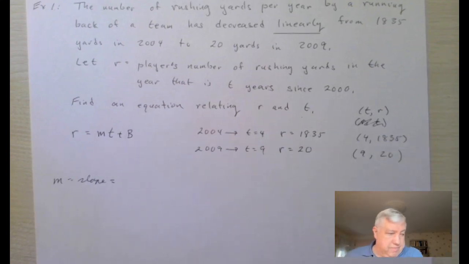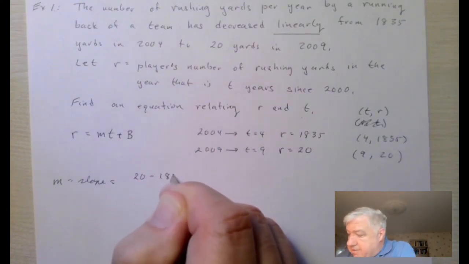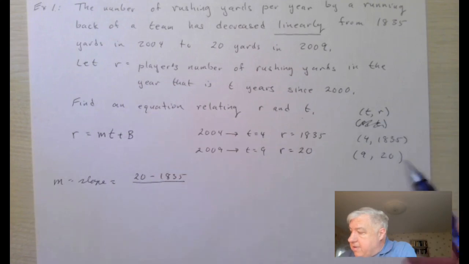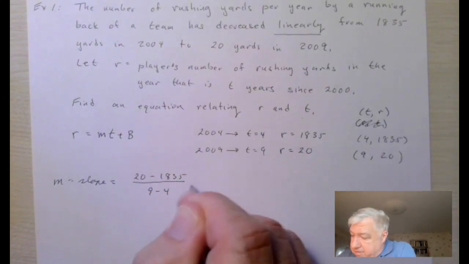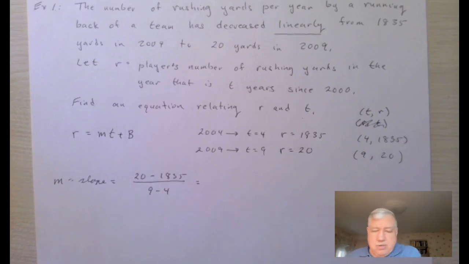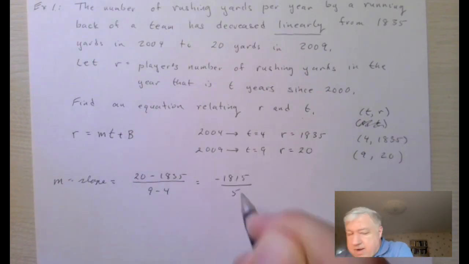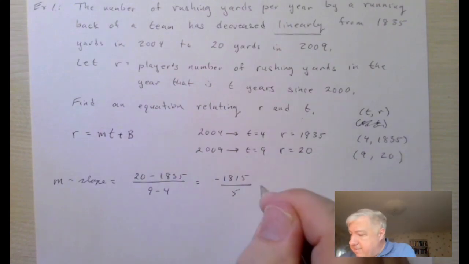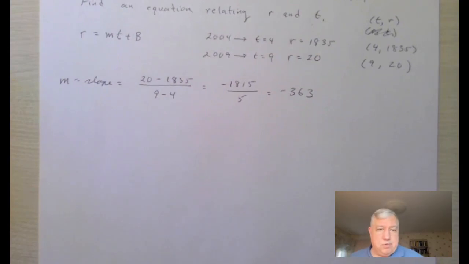So this would be 20 minus 1835 divided by 9 minus 4. And this turns out to be negative 1815 divided by 5, which is negative 363. So that is our slope.